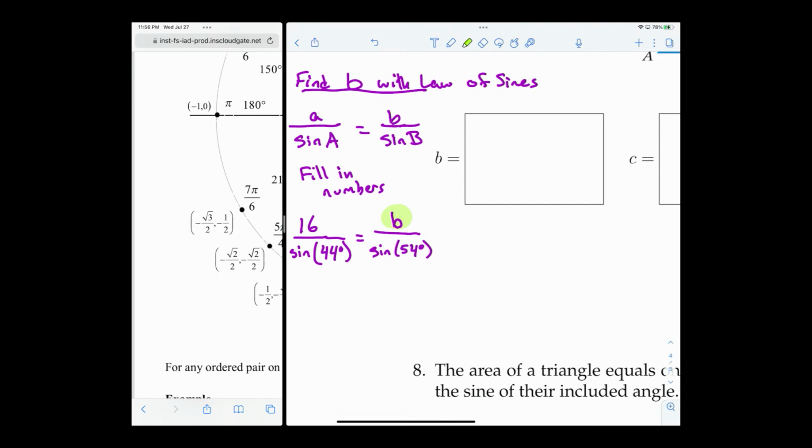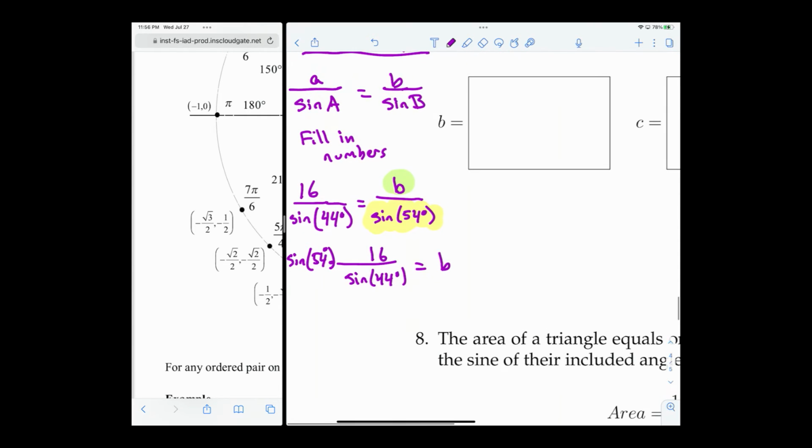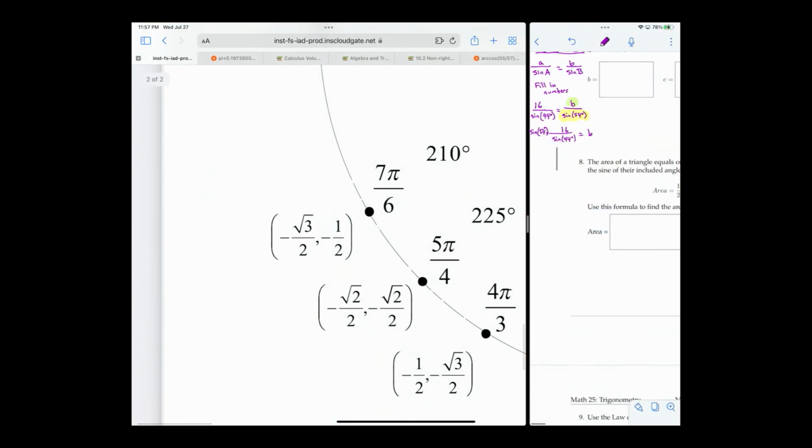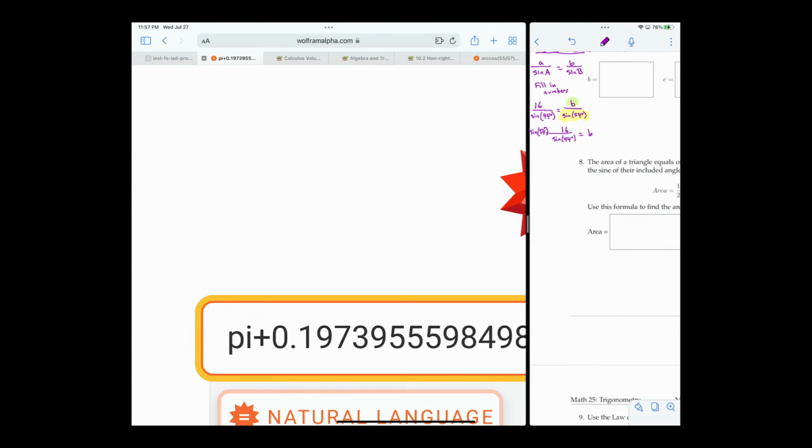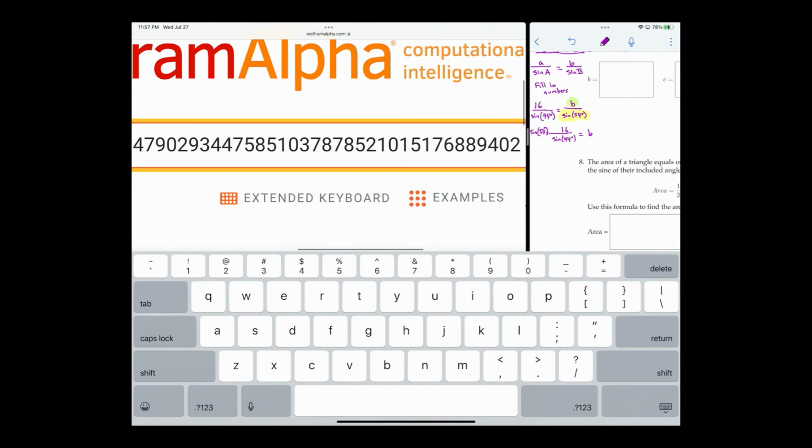And then you just want to solve for the b. So all you got to do is basically take this sine 54 and we will move it up on the other side. And we have b equals sine 54 times 16 over sine 44. And we just go to Wolfram Alpha or something to calculate this.